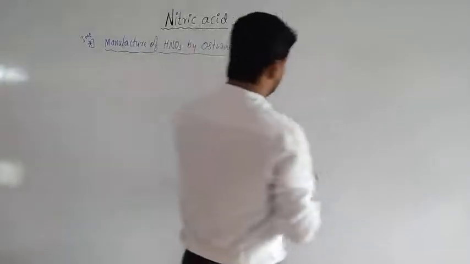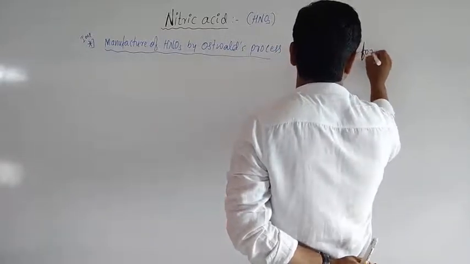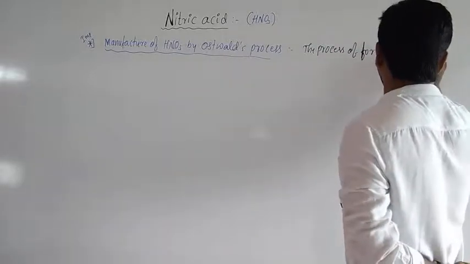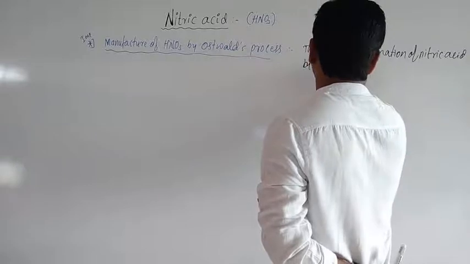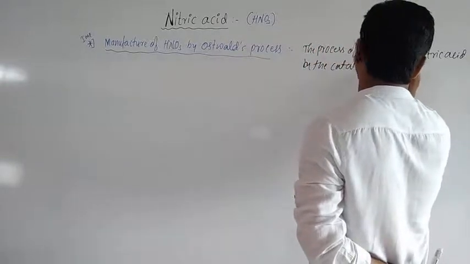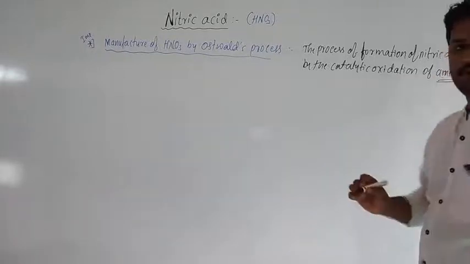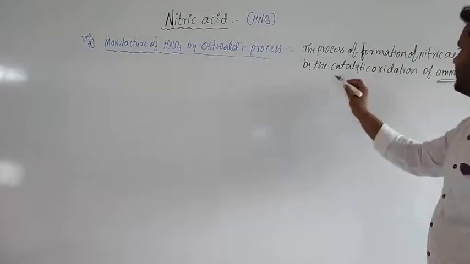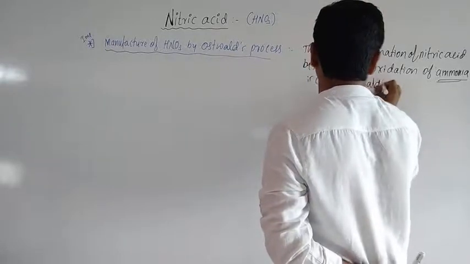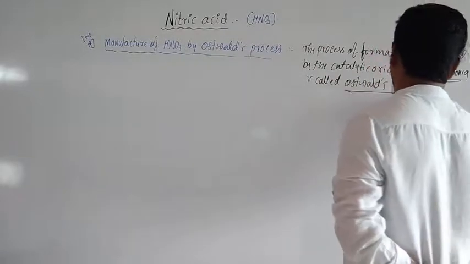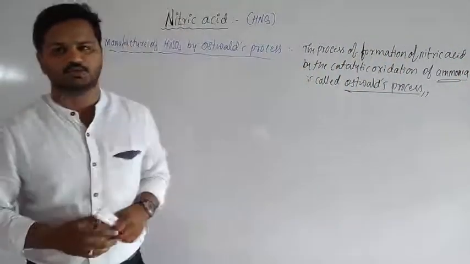I will write here: the process of formation of nitric acid by the catalytic oxidation of ammonia is called the Ostwald process.